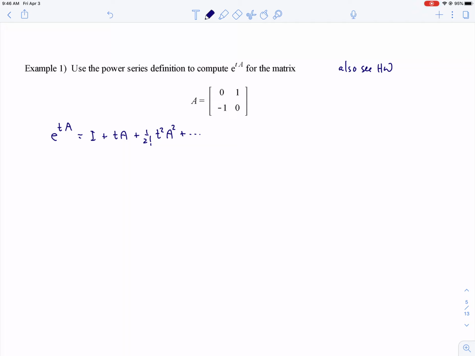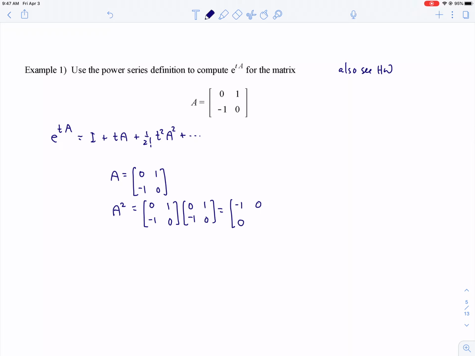So let's start computing the powers of A. So A squared is A times A, and I get minus 1 in the first entry, 0 in the first off diagonal, 0 in the second off diagonal, and minus 1 in the second entry. I get minus the identity matrix for A squared.